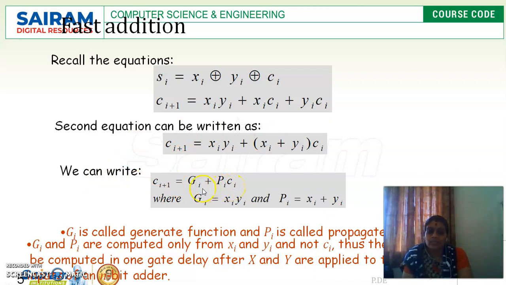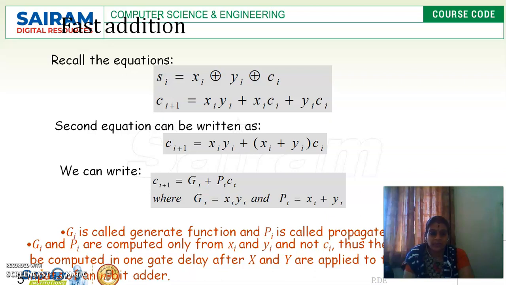Okay, so what does this Gi mean? This is called the generate function. And Pi is nothing but the propagation function, right? So what is propagate? See, consider we have two 16-bit numbers, A as well as B. We cannot get the sum instantly, right?